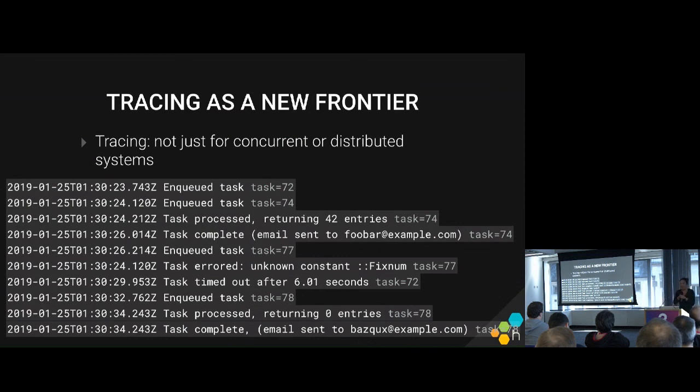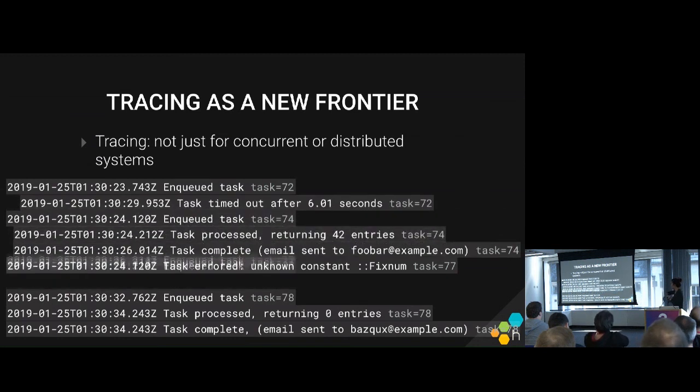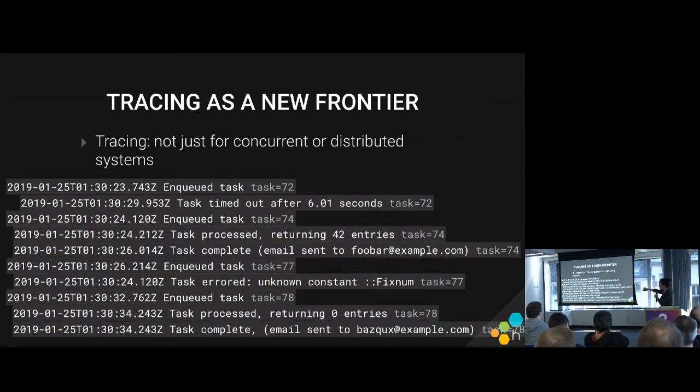So let's say we start with these task logs that we've been looking at, and we've attached task IDs. It ends up not being so much of a stretch of the imagination to say, Christine, these things that you talked about earlier about building up context and rolling them up, I don't want to think about those at all.